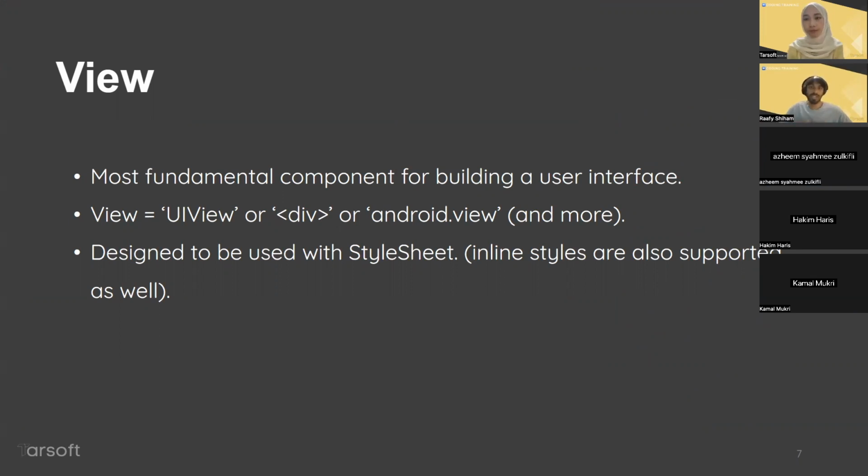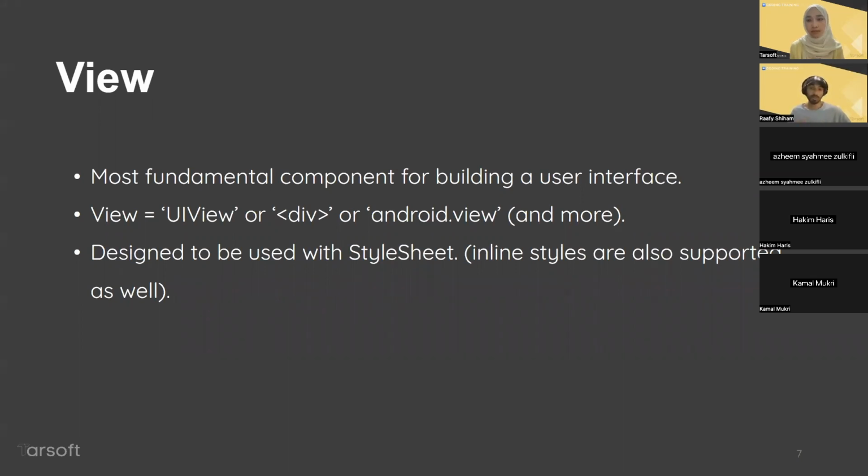It is the container that supports the layout with, let's say, Flexbox style. If you have used CSS, you have heard of Flexbox. And then it handles some touch handling and accessibility controls. And then View, especially, maps directly to the native view of the platform itself.